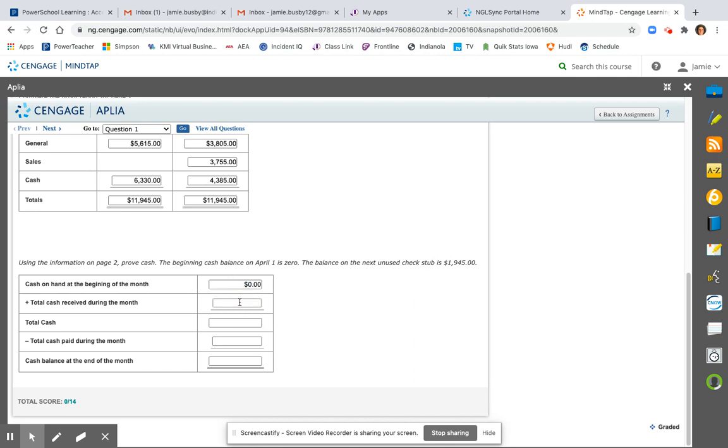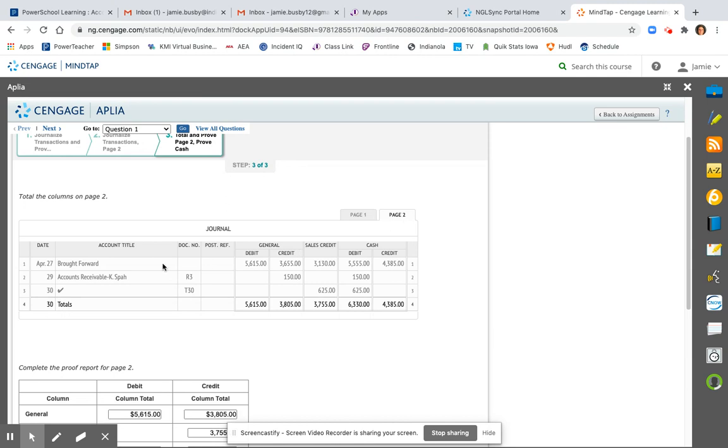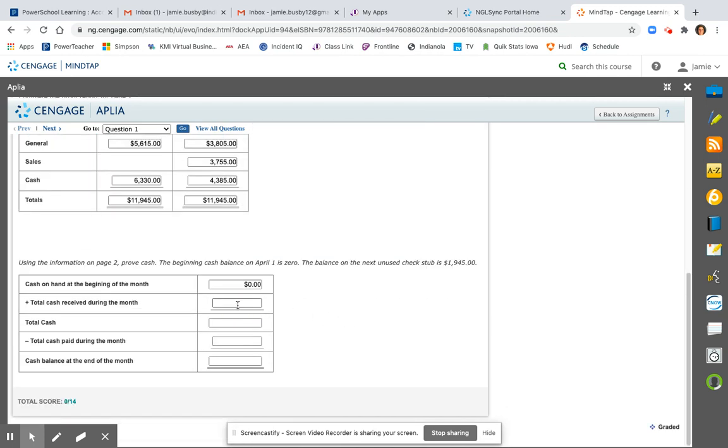Total cash received during the month, that is our cash debit. When we receive cash, we debit cash up here. On the 29th, accounts receivable, K-Spa, she paid us, so we debited cash. So our total cash debit for the month, $6,330. 0 plus 6,330 is a 6,330.